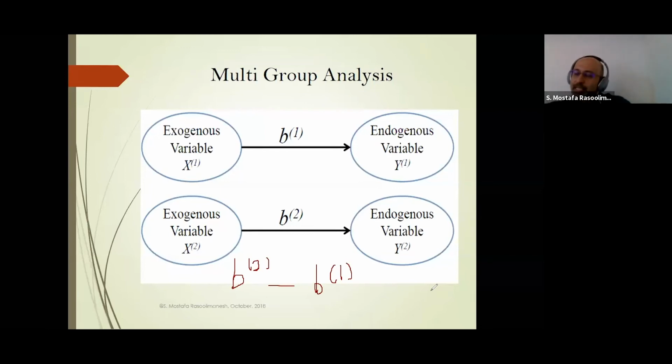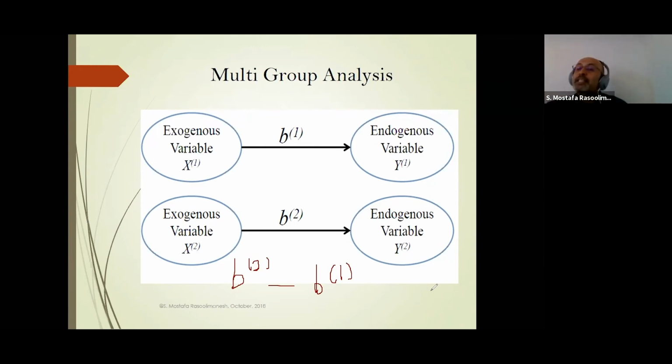So you can see the steps for multi-group analysis are totally different from interaction. In interaction effect, we don't split or divide our data into two groups; we only create an interaction term.